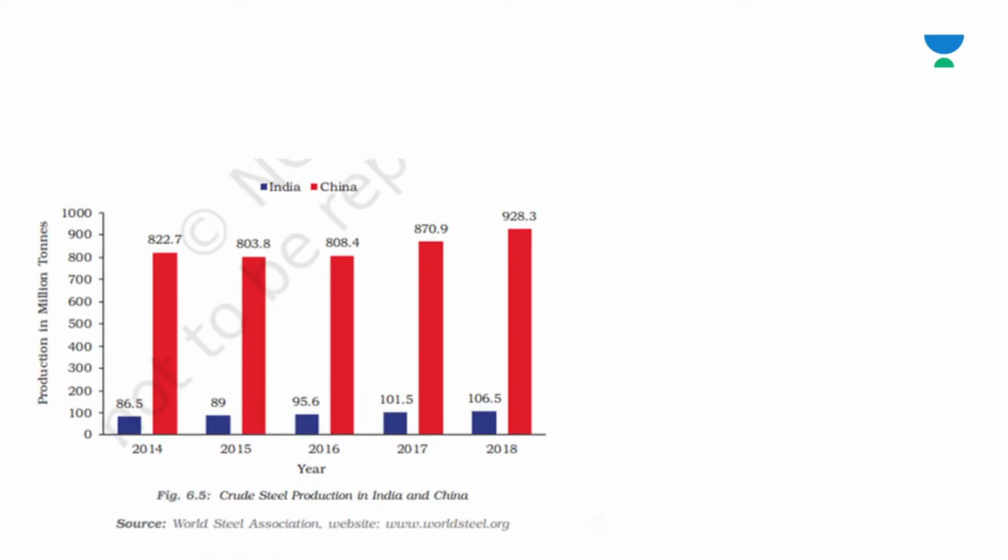Now, we talked about small or mini steel plants which are smaller, whereas an integrated steel plant is large and handles everything in one complex, from putting together raw material to steel making, rolling and shipping.